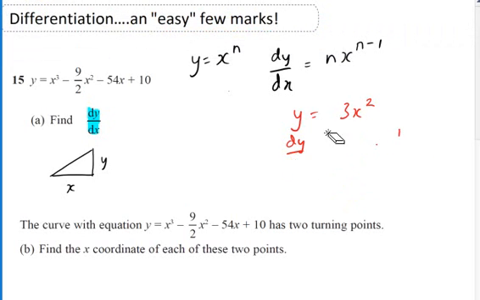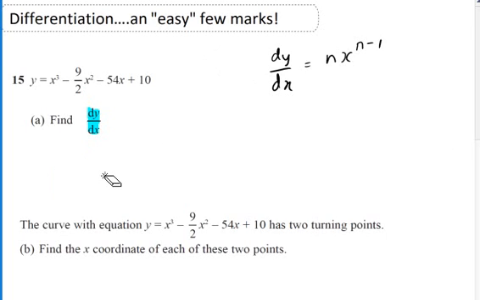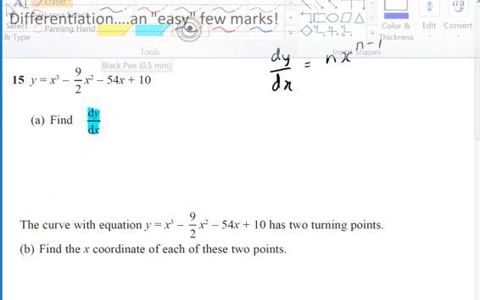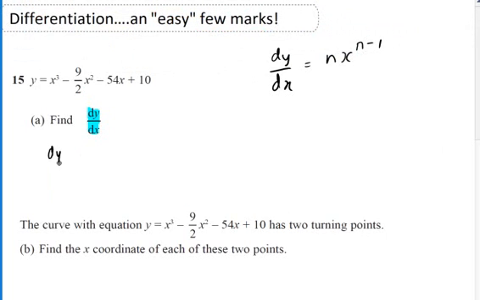So let's try the example that occurred last summer. Here we have dy by dx. Bring down the 3 in the first example, and it will be 3 lots of x to the power of 2. I'm following the rule I have up here. The next one is bring down that 2.